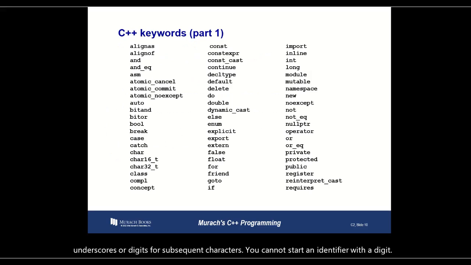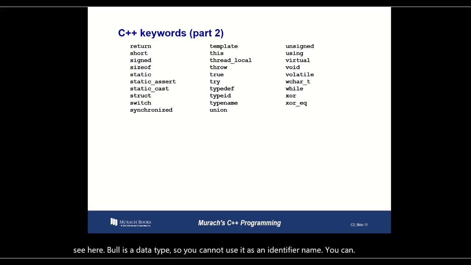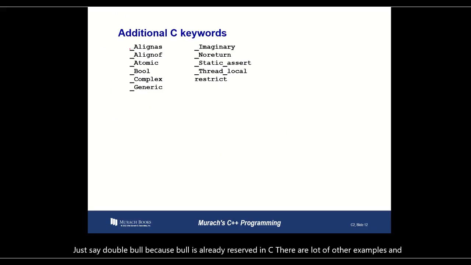What are those? Some examples, like you see here, bool is a data type. So you cannot use it as an identifier name. You cannot just say double bool, because bool is already reserved in C++. There are a lot of other examples, and some examples are here too. Some C examples are here.